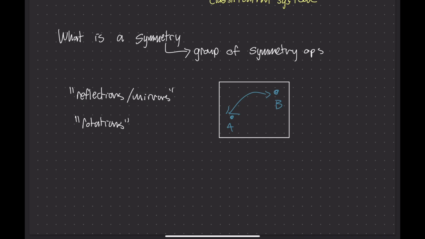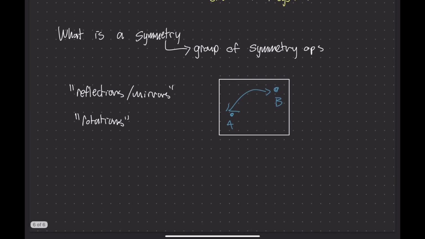Now, if you did this behind my back and I see the paper after you've done this, I wouldn't be able to tell the difference. So is this a symmetry operation? By the broadest definition, it is, and in math, this is called a permutation.